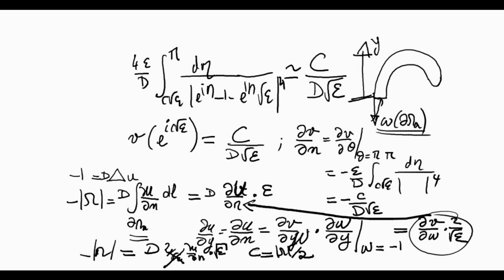So finally we get the following: the mean first passage time, which is u at exponential i square root epsilon at leading order, is going to be given by pi, the volume of the domain omega.